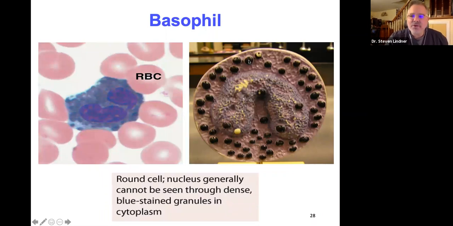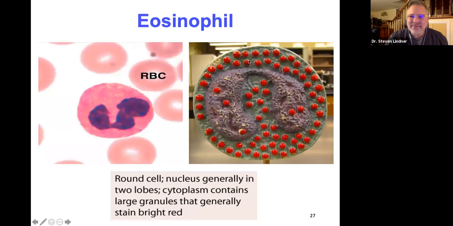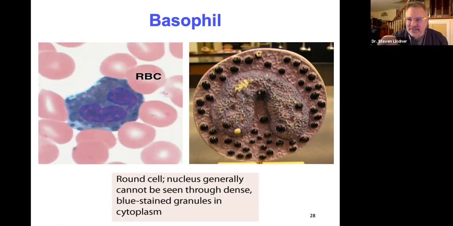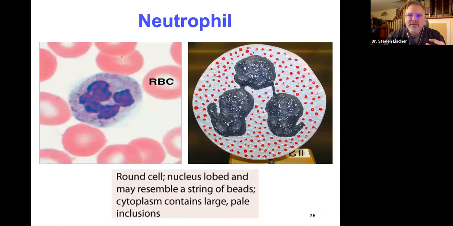These granulations contain very strong and potent digestive enzymes. So when there's a pathogen or a microbe or some foreign invader that's invaded the cell, this neutrophil can go find it and degranulate, meaning these granules break open and release their strong digestive enzymes to destroy whatever that foreign microbe may be.